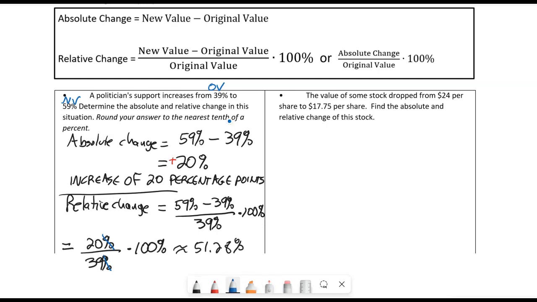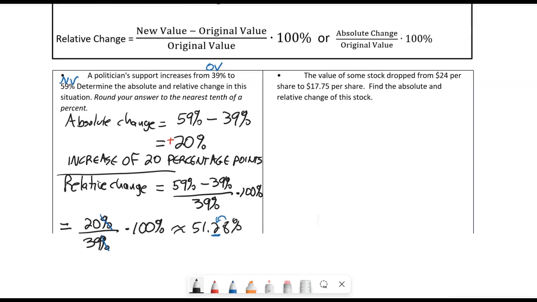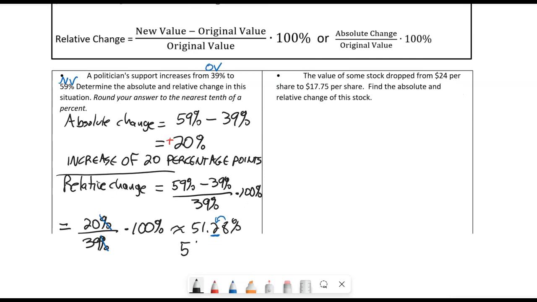When we're dealing with the nearest tenth of a percent, we have to be looking at the percent, and then the tenth is this spot, and the number to the right is larger than 4, 5 or more, so we would raise the score. So this 2 is going to turn into a 3. So the correct answer here would be 51.3%.